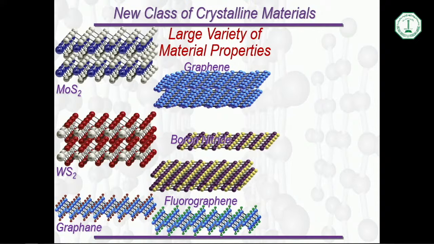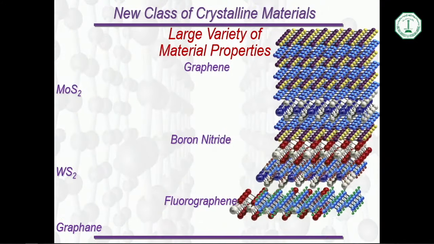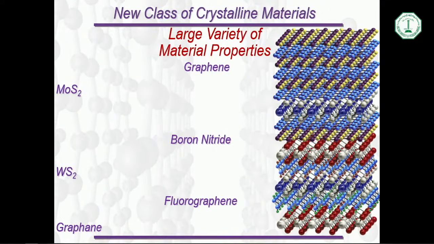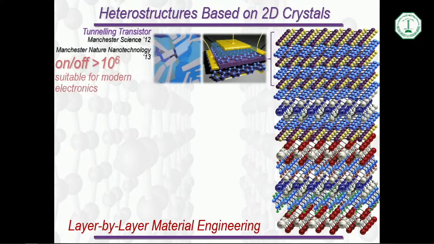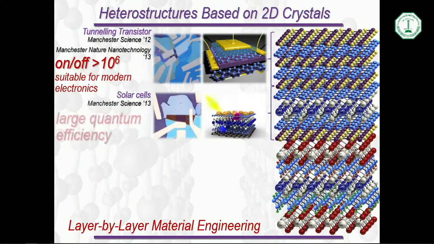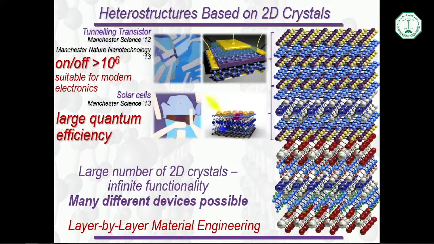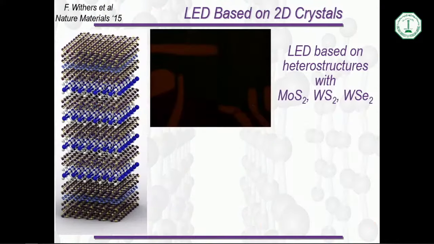But then we can put them on top of each other and create 3-dimensional crystals which don't exist in nature, but we can create them in the lab. Through this we can incorporate many different functionalities and properties inside them, and we already created a number of new devices based on these technologies, like transistors, tunneling transistors, solar cells, photodetectors, and so on.